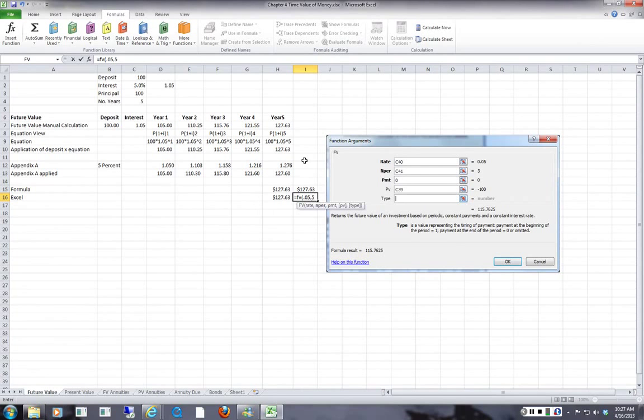I'm going to put 5 for 5 years, and the payment is 0, so I'm going to put that, and then it's got the present value, which is minus 100, and then I put one more 0 there. And then I'm going to put a closing bracket on it, and there's $127.63. That is how we do it in Excel, which I would like you to learn how to do.